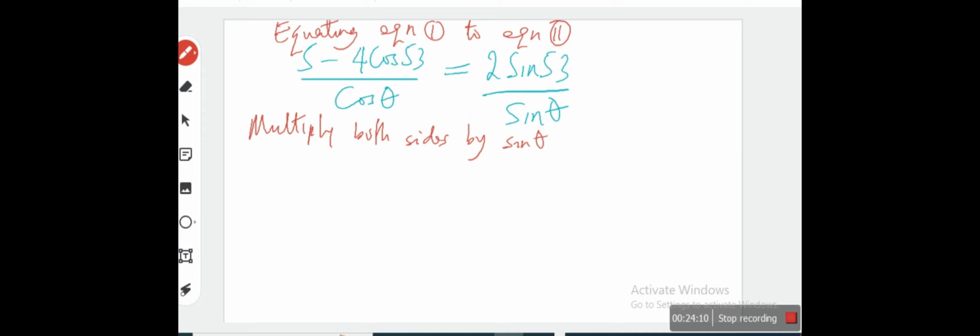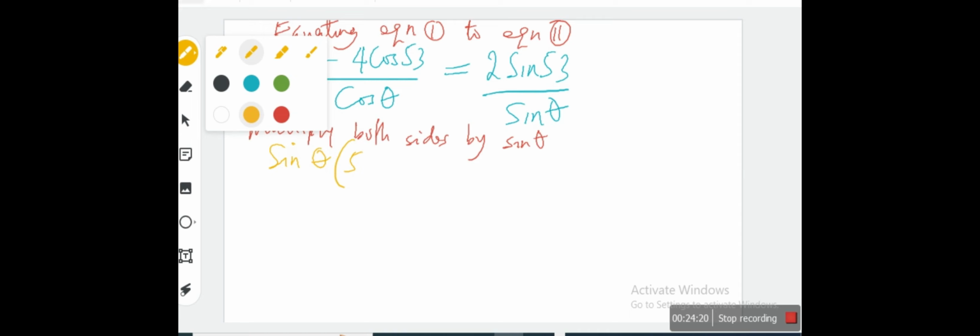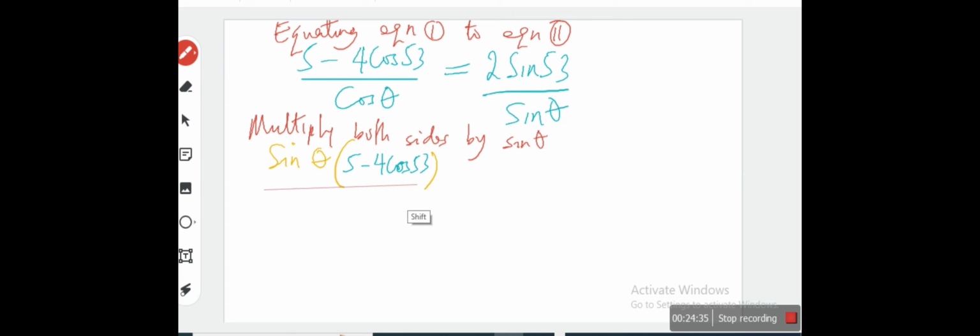And we're going to have sin theta multiplied by 5 minus 4 cos 53 over cos theta is equal to, of course, when you multiply both sides by sin theta, this sin theta will cancel out.